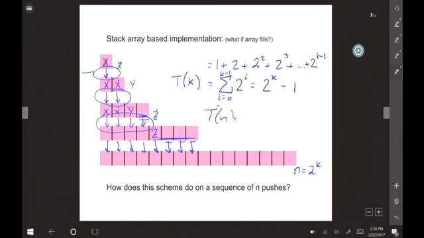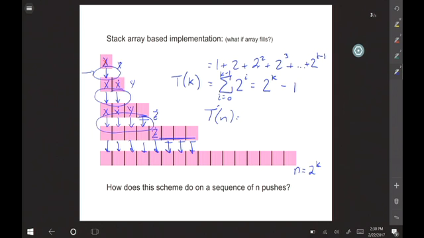This is a slightly different thing. It's not really a different function. What is it? What is it? So what is it? n minus 1, right.